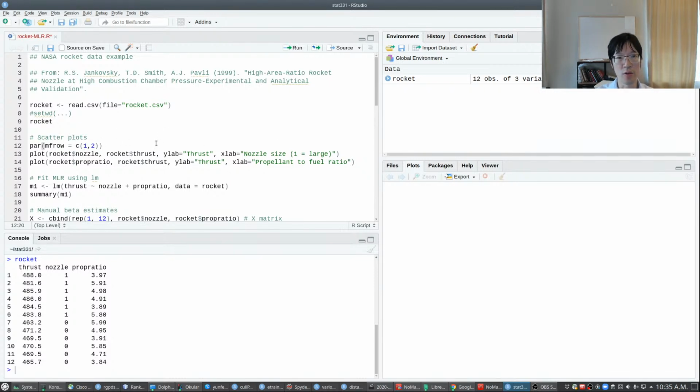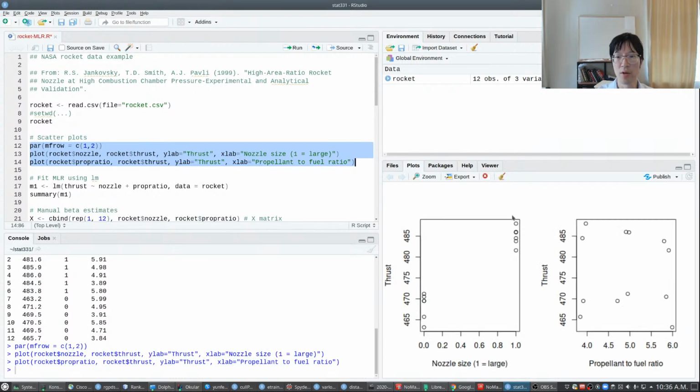Okay, so this will allow both of these plots to show up together. Okay, so let's go ahead and make this plot. And so I've used ylab and xlab to label the axis. So on the left is nozzle size versus thrust, and then on the right is the scatter plot for the propellant ratio to thrust.